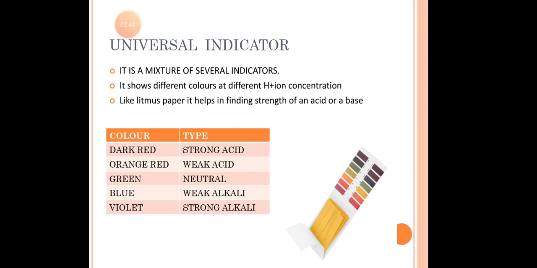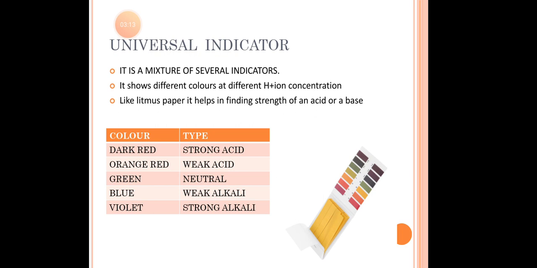Suppose hydrogen ion concentration is more in a given liquid, we know it is an acid. Like litmus paper, this helps us find out whether it is an acid or base, and apart from that it helps us find out how strong the acid is and how strong the base is.